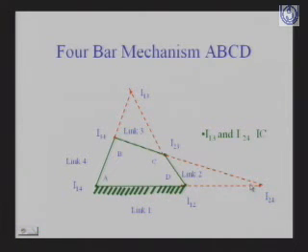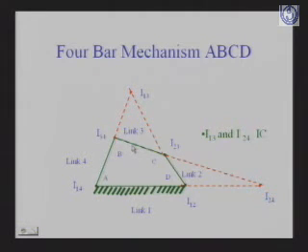Here you will be surprised, and you will observe that there are link 1, link 4 and link 3. With the help of these 3 links, we have 3 instantaneous centers, I14, I34 and I13, and all these instantaneous centers lie on a straight line.